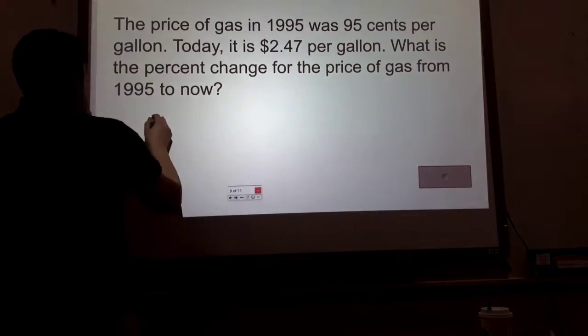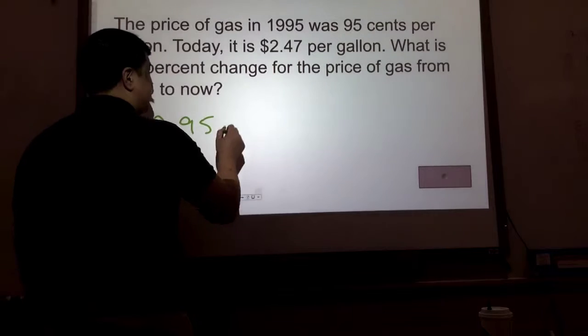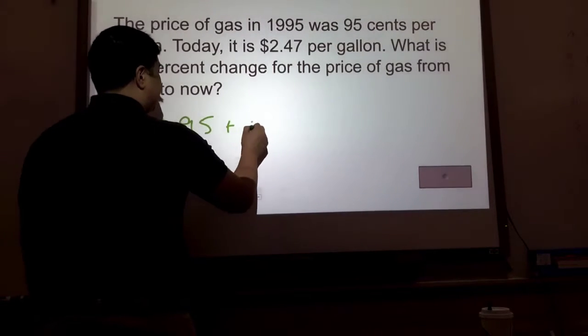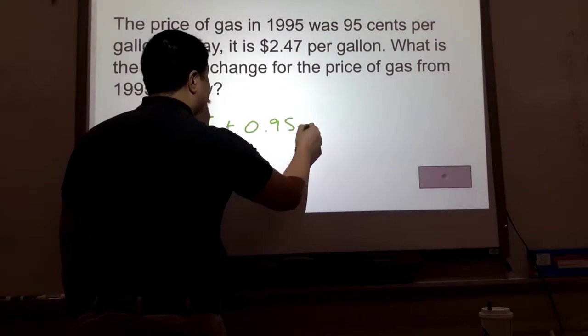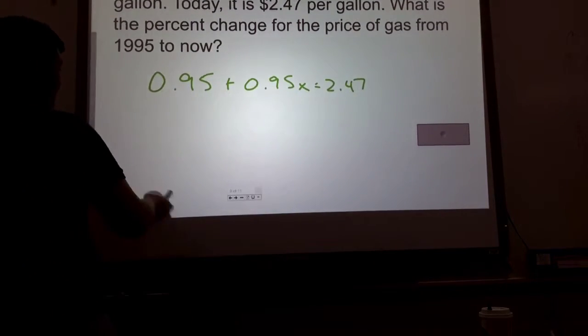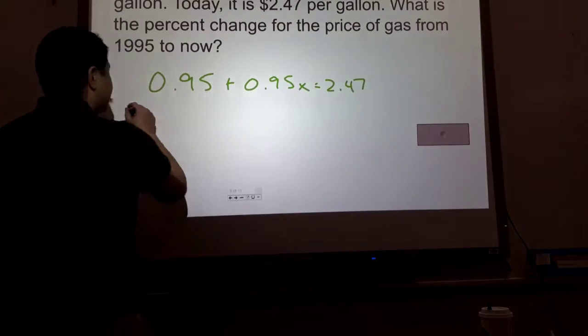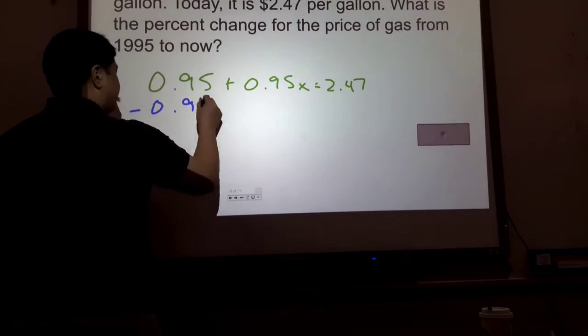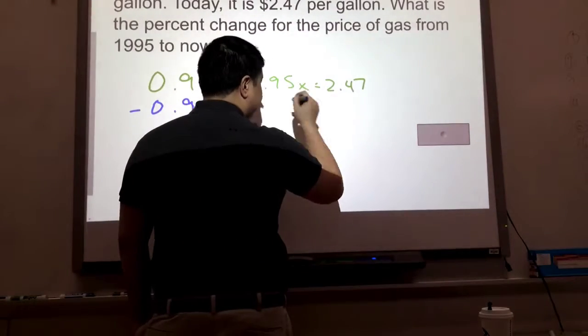So our initial value is 0.95 because it's 95 cents, plus 0.95x equals $2.47. We're going to subtract both sides by 95 cents, or 0.95.